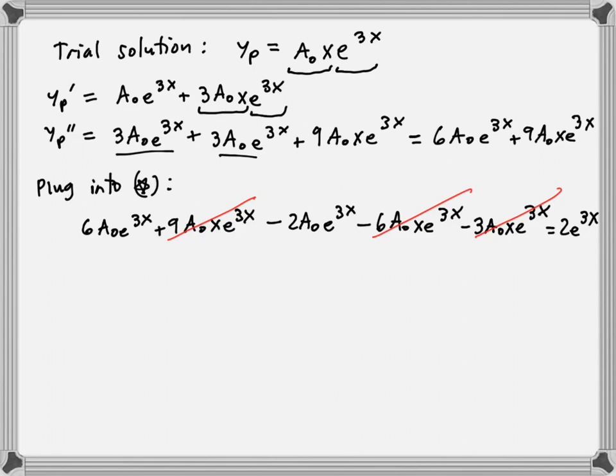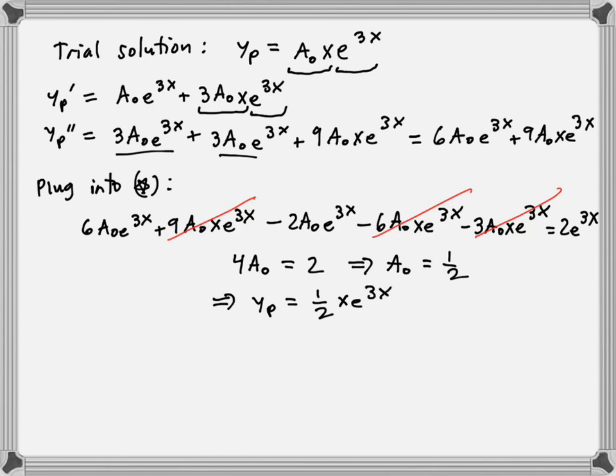And so from this we get the following: 4a naught, again dividing by e to the 3x, is equal to 2. What does this mean? This means that a naught is equal to a half, and so we know what our particular solution is. It's 1/2 x e to the 3x.